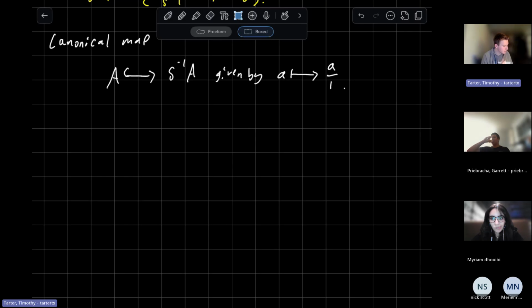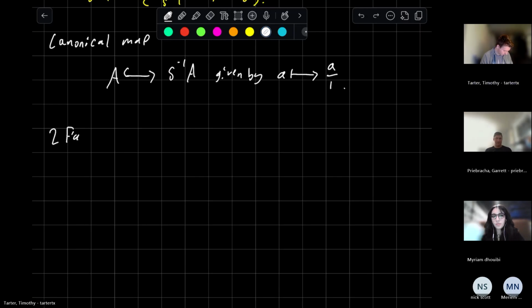Now, there are two particularly important flavors of multiplicative subsets. Let me give this a section heading. Two flavors.